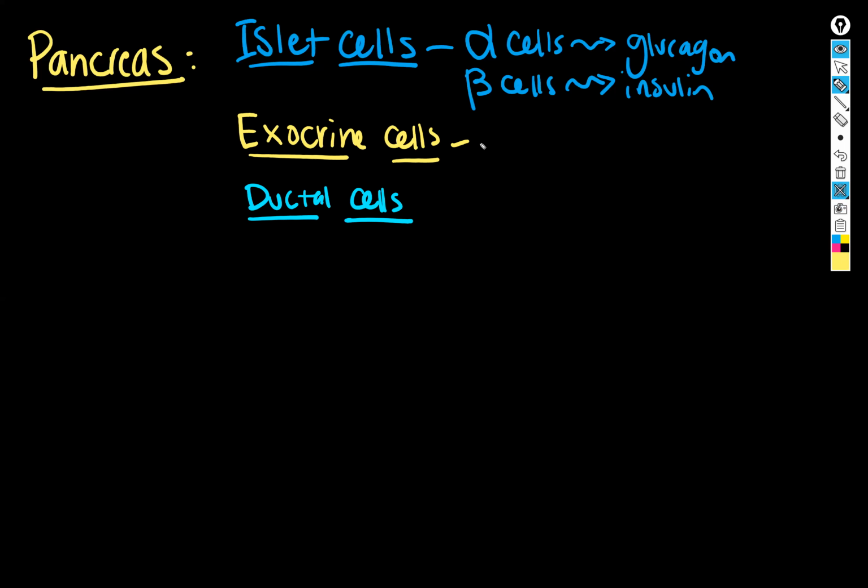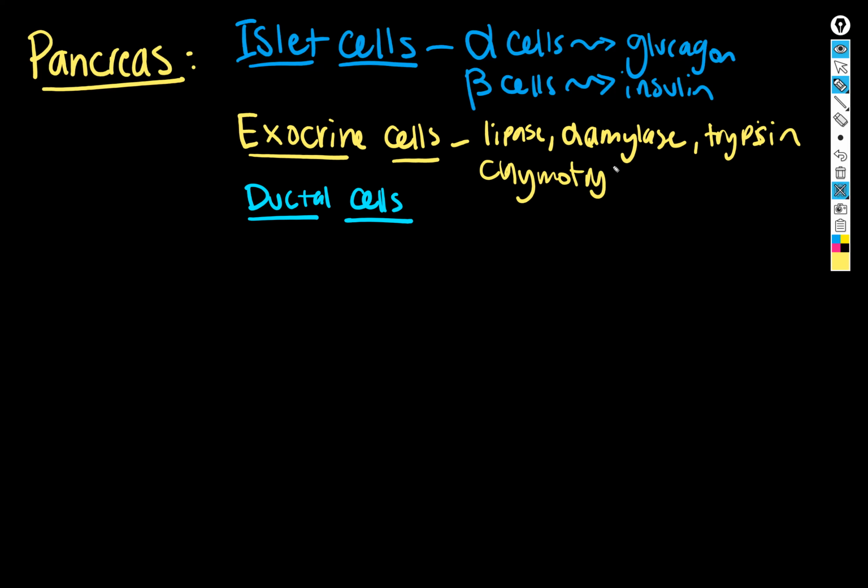Okay, so as we mentioned previously, with regard to the exocrine function of the pancreas, it does a lot of stuff. So we have lipase, but from the pancreas. Alpha amylase, but from the pancreas. Trypsin. Chymotrypsin, etc. And remember, these are precursors.